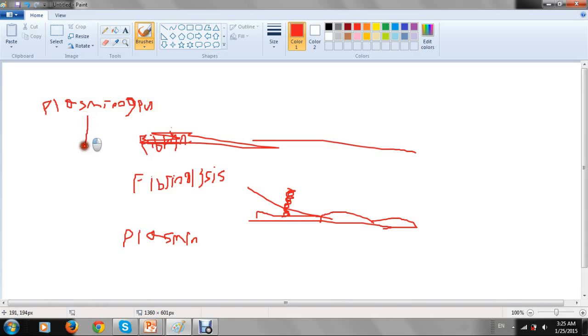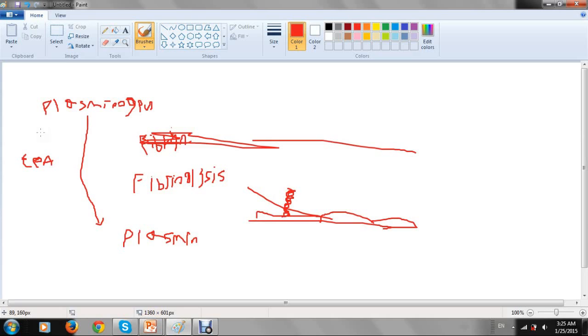In order to activate plasminogen, we require TPA, tissue plasminogen activator. So tissue plasminogen activator activates plasminogen whenever needed, and plasminogen is converted to plasmin to lyse the fibrin clot.